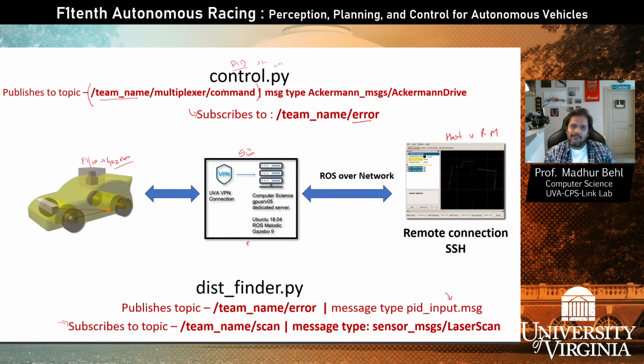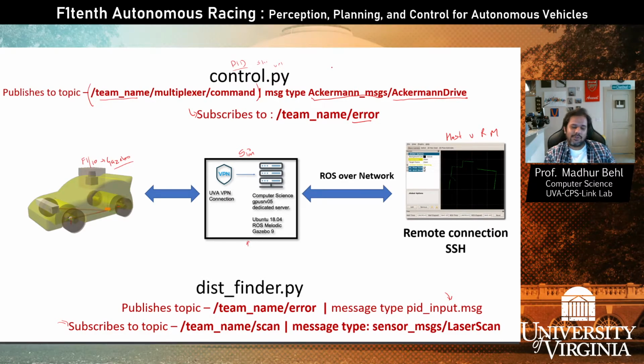autonomously with these inputs. Now, the values that you pass to the command are of a specific message type called the Ackermann message. Remember how we discussed Ackermann steering and differential steering robots. I will show you this Ackermann drive message that you have to construct in your control node and pass on.